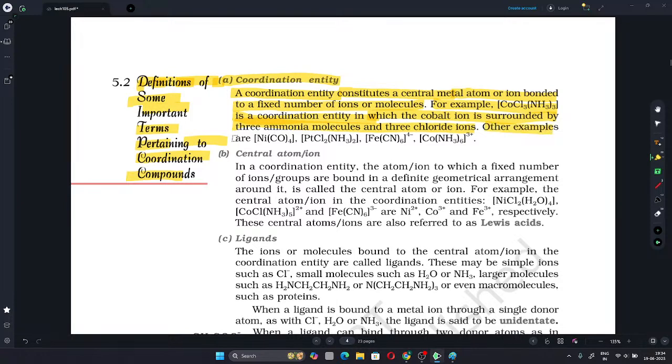Other examples are Ni(CO)4, Pt(Cl)2(NH3)2, Fe(CN)6, ferric cyanide, and Co(NH3)6. Whatever is in the square brackets in coordination compounds is what we call a coordination entity.